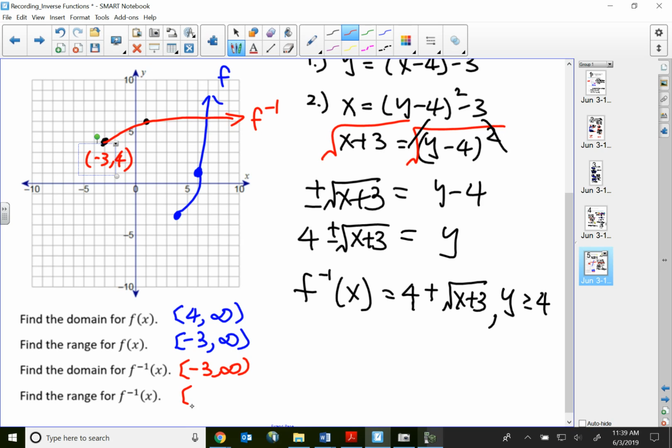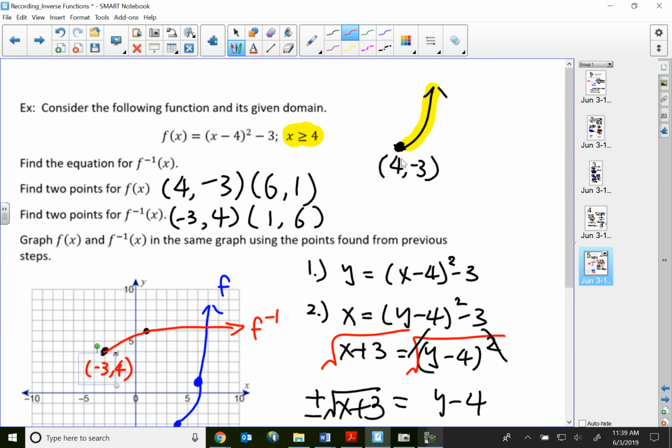That's what this means. My range's got to be starting at 4, keep on going up. So when I interchange between the x and y variable, I'm also interchanging the domain and the range as well. Okay, all right. Hopefully this problem makes sense. Drawing half a parabola, which is actually my radical function.